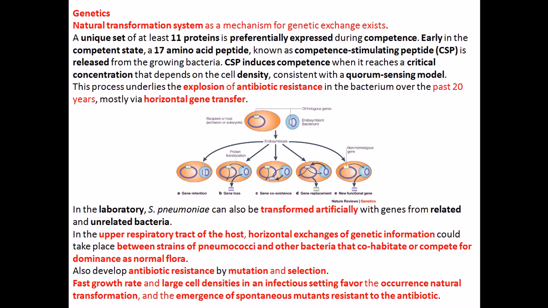In the upper respiratory tract of the host, horizontal exchange of genetic information can take place between Streptococcus pneumoniae and other bacteria present in the upper respiratory tract of the human body. So if they are interchanging those materials, they are gaining or releasing some part of their plasmid containing antimicrobial resistance genes. They also develop antibiotic resistance by mutation and selection, and then they can transfer between themselves, and fast growth rate and large cell densities in an infection setting favor an occasional natural transformation.